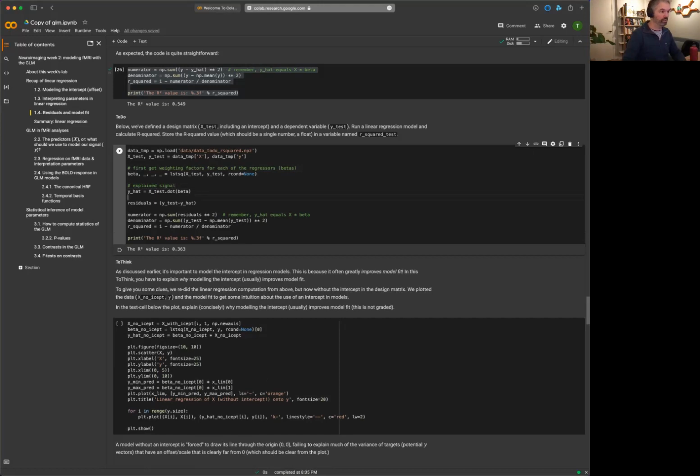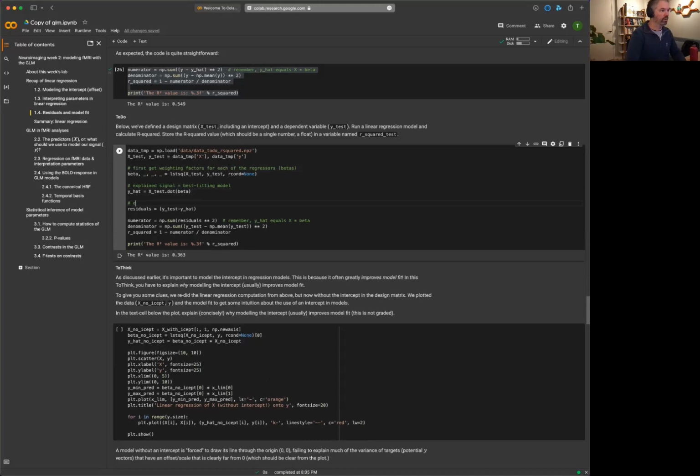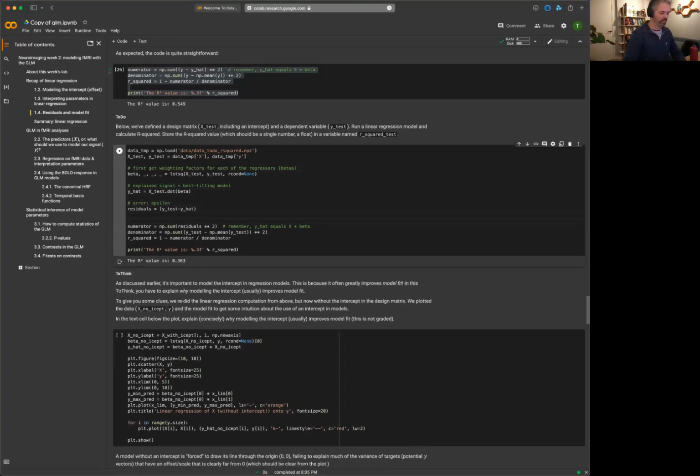This is our best fitting prediction or model time course. Then our error, right? So that's the epsilon in all of those equations. And it's called residuals.